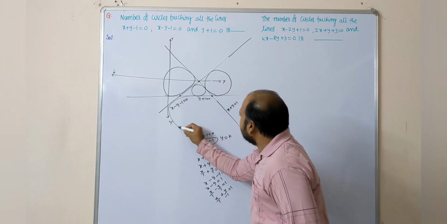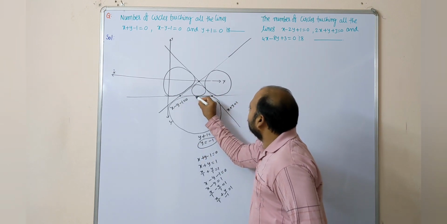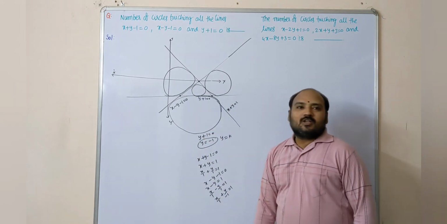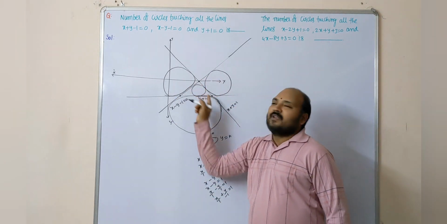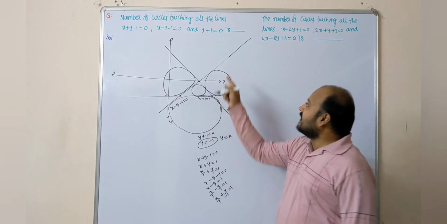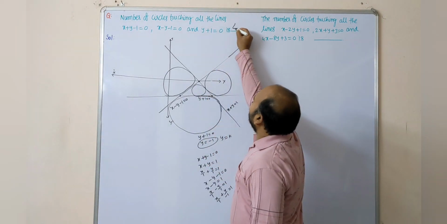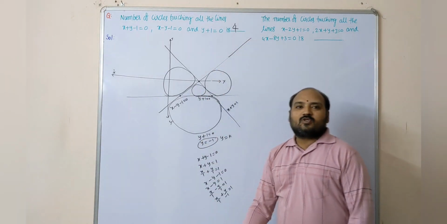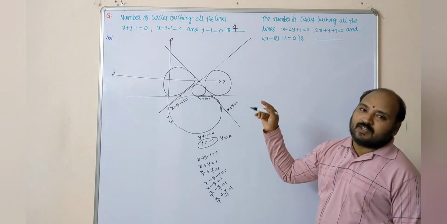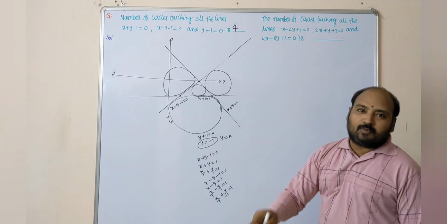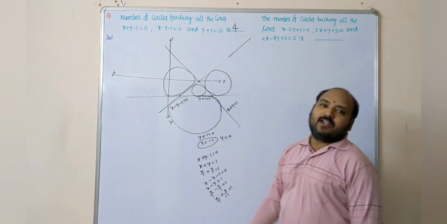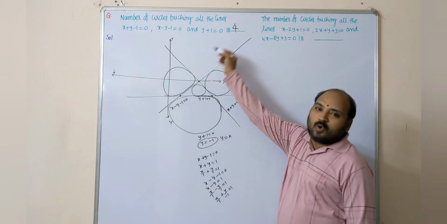You can draw like this also, no? So in total, how many circles are possible touching all the lines? 4. It is not in the options, so I think it is an integer type question. So the answer is 4.